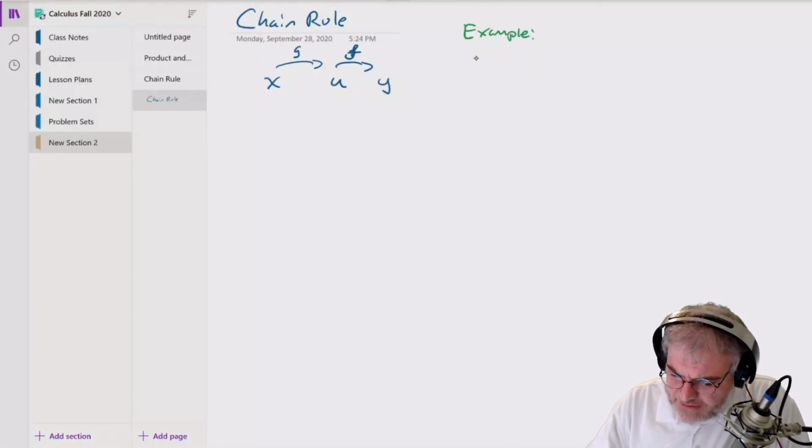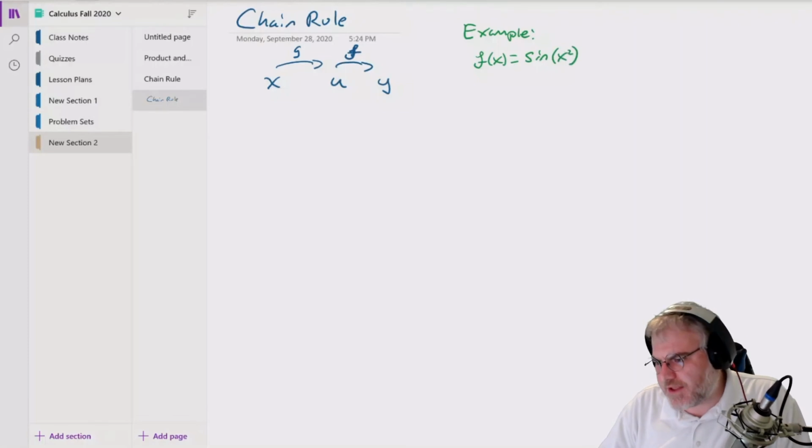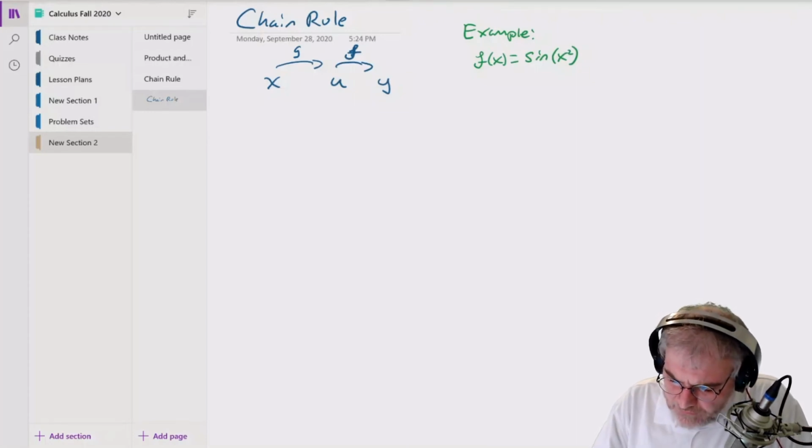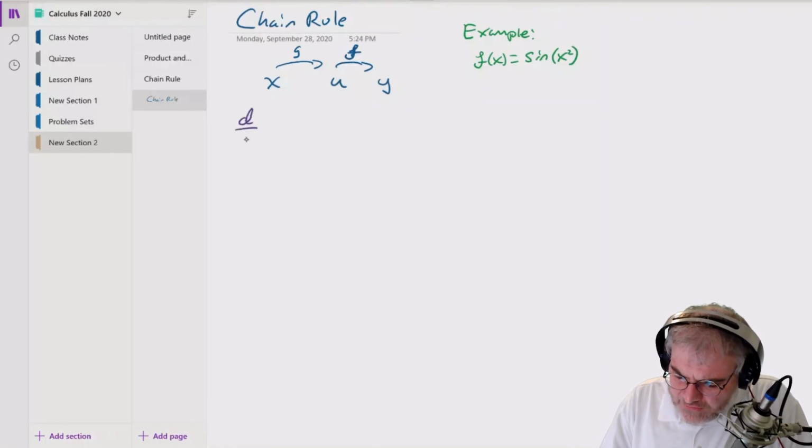Okay, and the example is that f of x equals sine x squared. I should probably do a different one than the one I did this morning, but I'll do the same one. Now, the chain rule says the following. The chain rule says d over dx of f of u equals, now notice this is different than this.